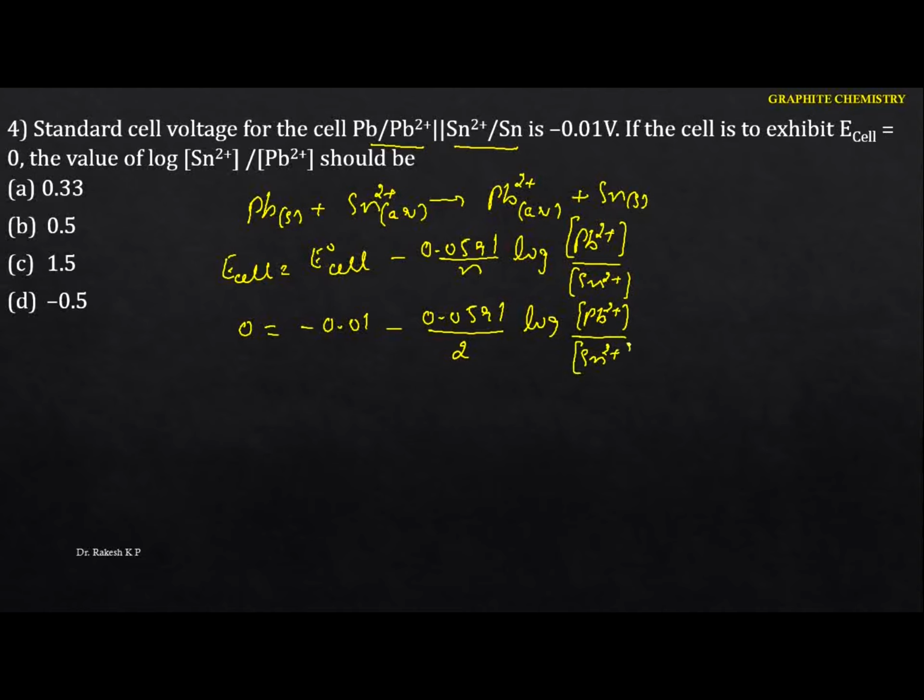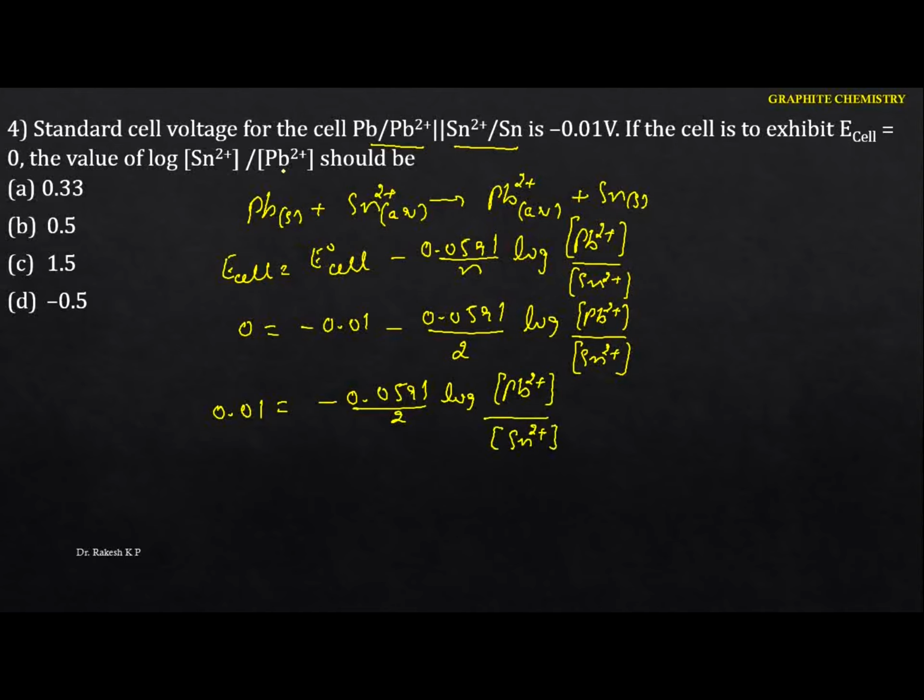Now see this one. Taking this value to the left hand side, it becomes plus 0.01, which is equal to minus 0.0591 divided by 2 into log of the concentration of the lead ion to the concentration of the tin ion.